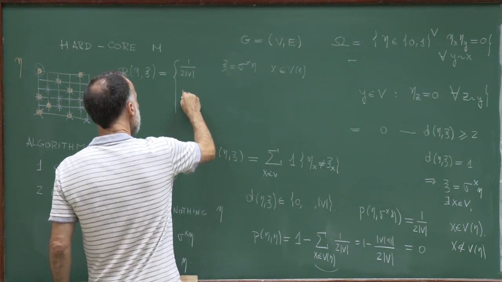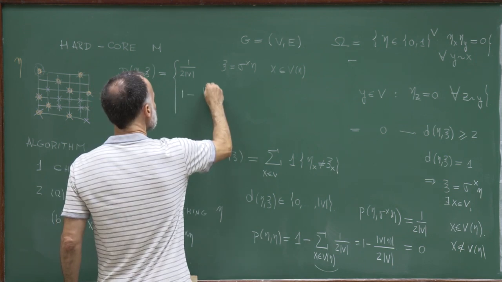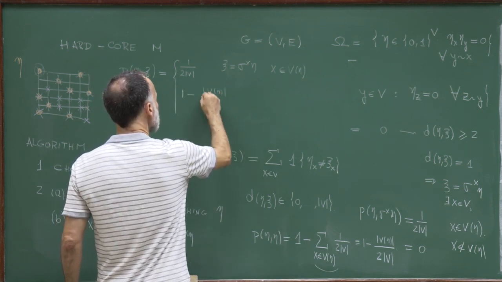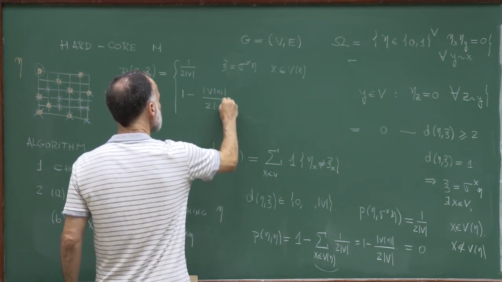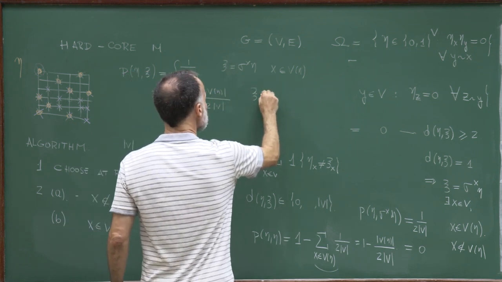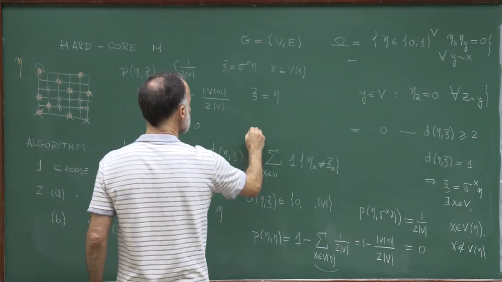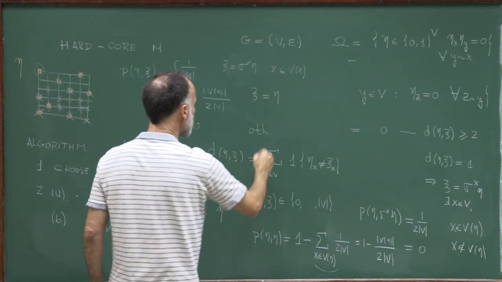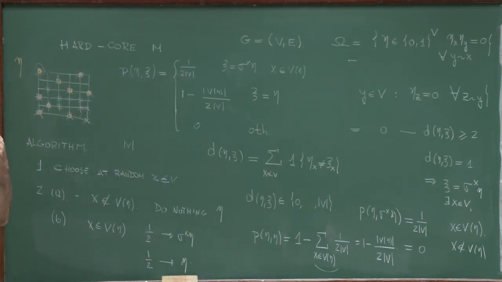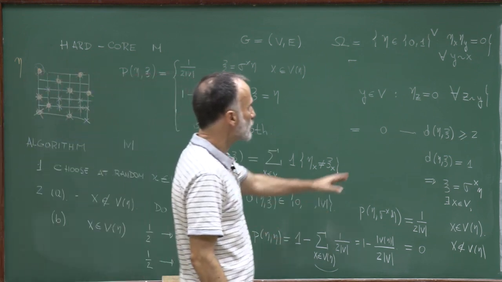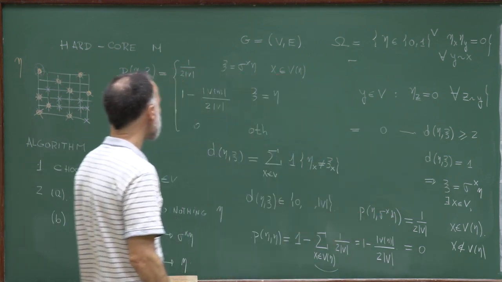It's 1 minus V of eta divided by 2V if psi is equal to eta, and it's 0 otherwise. So this is the conclusion at which we've arrived by analyzing this algorithm.